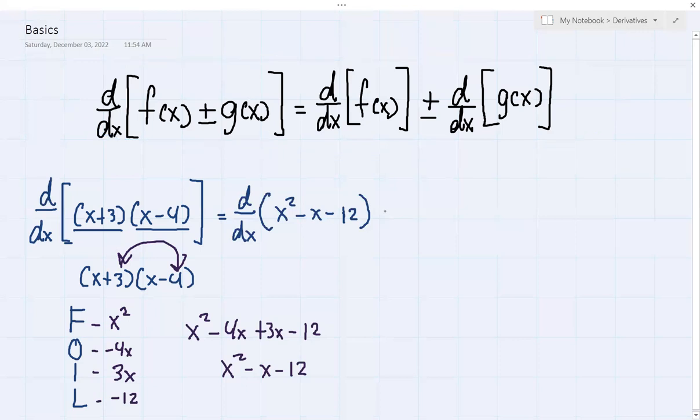So, in here, I'm just gonna write on the right side para makatipid pa tayo ng spaces. So, in here, we will have the derivative of x squared minus the derivative of x and minus the derivative of 12.